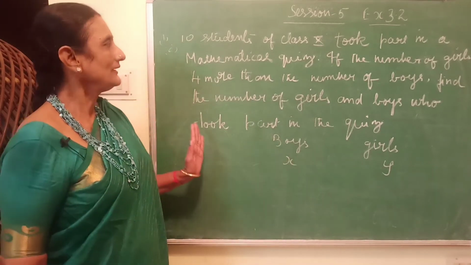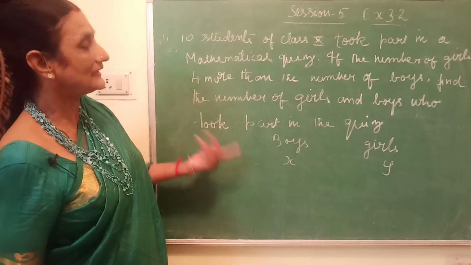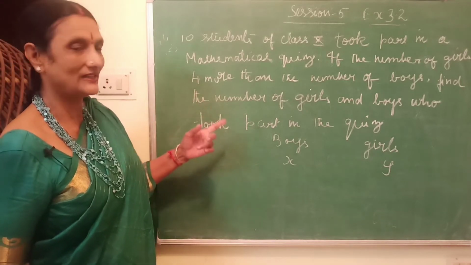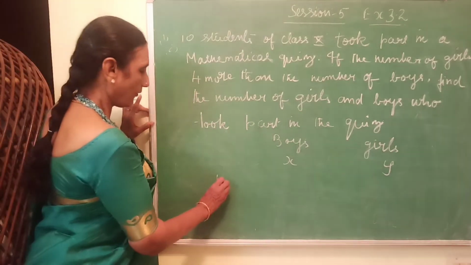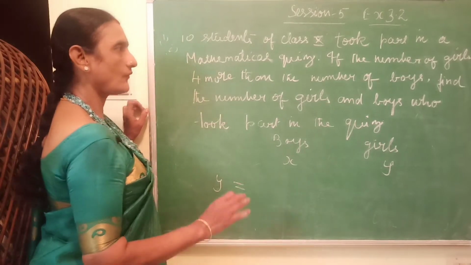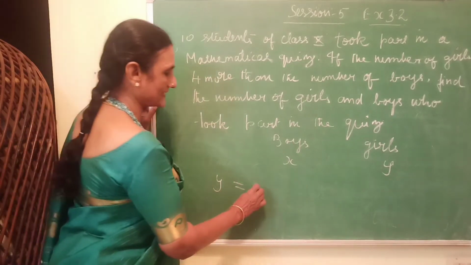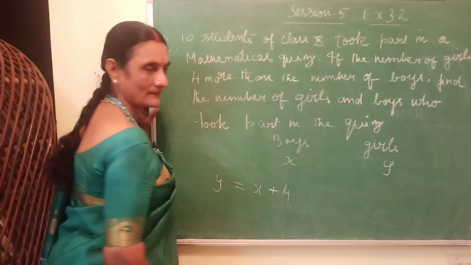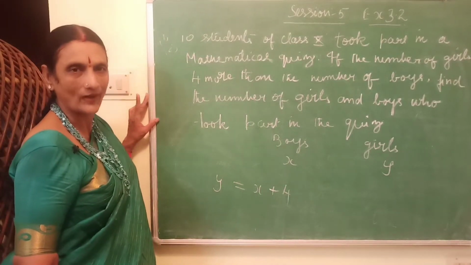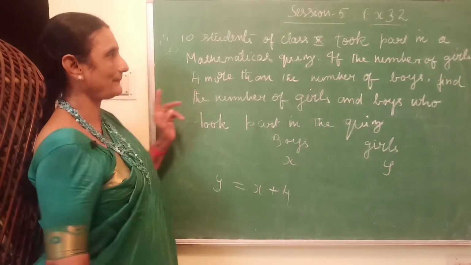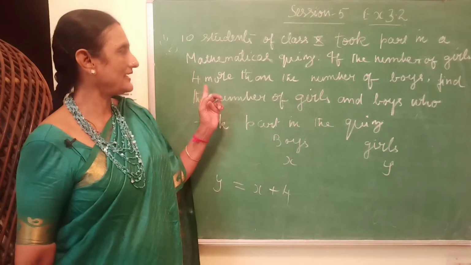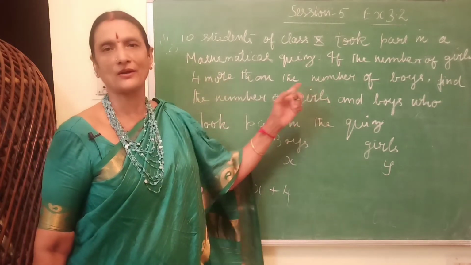Okay. Now the clue here is the number of girls. Which is the number of girls? Y is the number of girls. Y is equal to 4 more than the number of boys. So X plus 4. So this is equation 1. Once again I will repeat, the number of girls is 4 more than the number of boys.